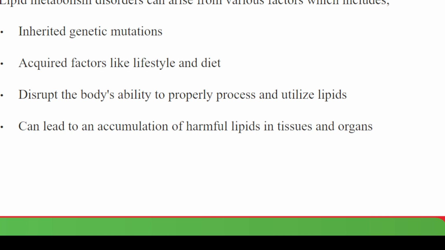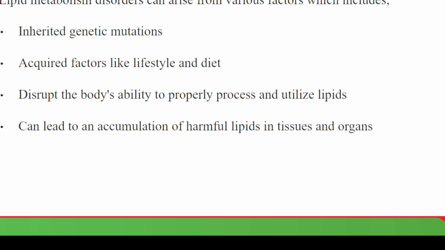And utilization can also be reduced or affected, unless the person has taken a way forward to do this. Disorders disrupt the body's ability to properly process and utilize lipids, unless there is really a known mechanism.